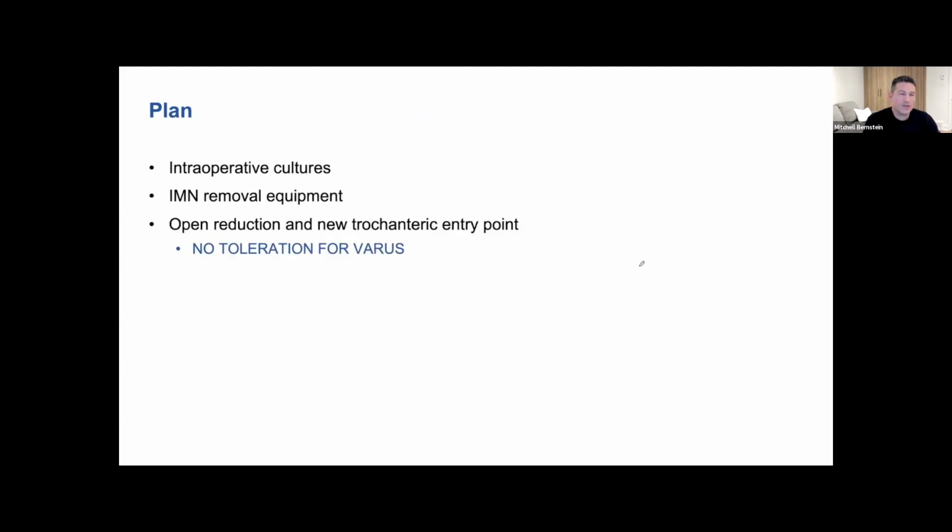So intraop cultures, IM nail removal equipment, and again, I don't mean to mention your name again, Tim, but you did mention this: no toleration for varus. So we have to make sure we eliminate the varus and can assess for that in the OR, because that would be the only thing we're fixing here. It's a bit like femoral neck non-unions. It's a bit of a no-brainer, right? All you're doing is correcting the alignment.